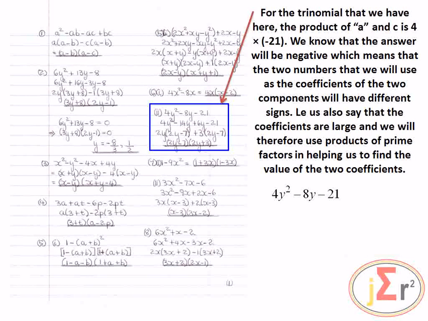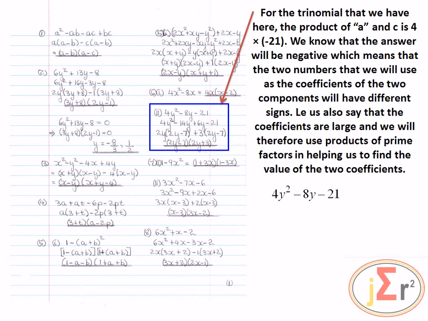I am making use of this tutorial to demonstrate to a candidate what he or she may do if he or she thinks that the coefficients are very large and they are not easily manipulated in order that we may see the two middle coefficients that easily. So I'm saying that if you think it is too large, this is what you can do.